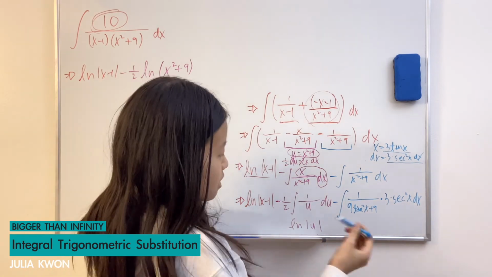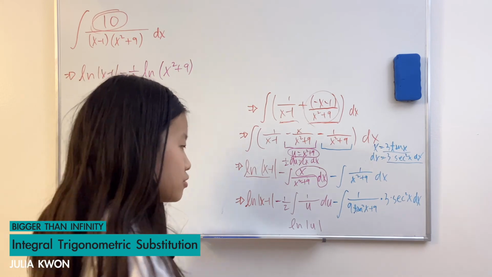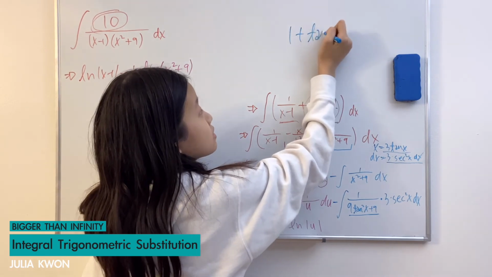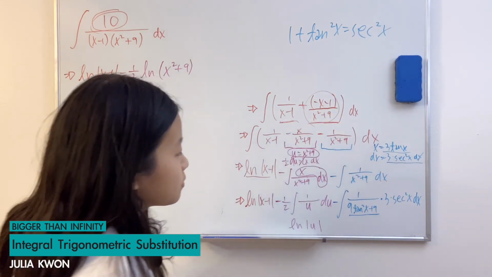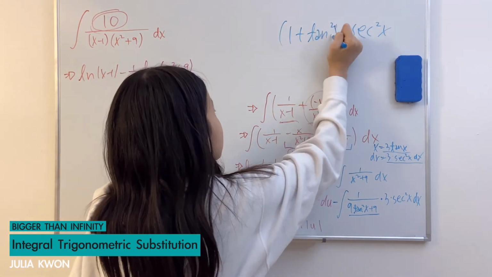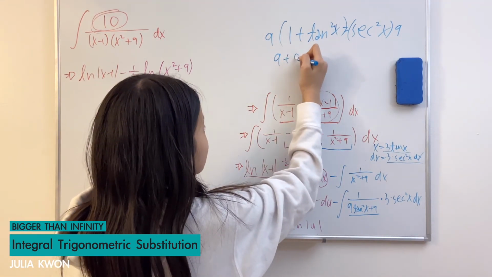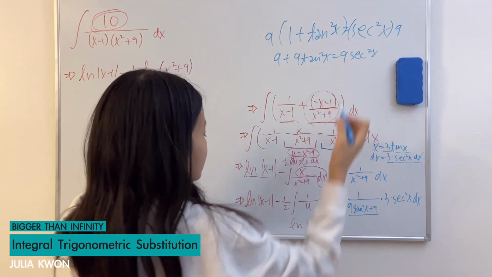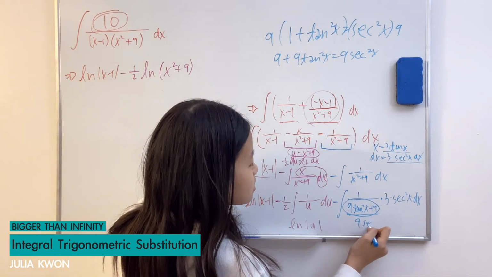And minus the integral of this, well, this is a trigonometric identity. 1 plus tangent squared x is equal to secant squared x. But we have 9, so multiply 9 on both sides, and you'll have 9 plus 9 times tangent squared x is equal to 9 times secant squared x. So we'll replace what we have in the denominator with 9 times secant squared x.